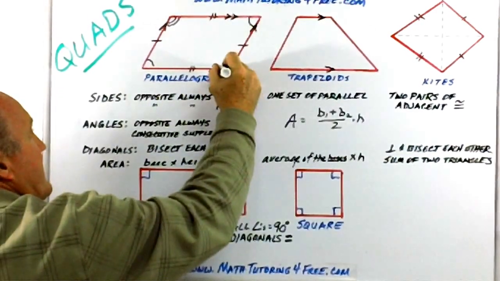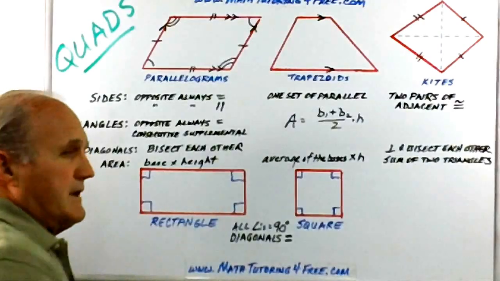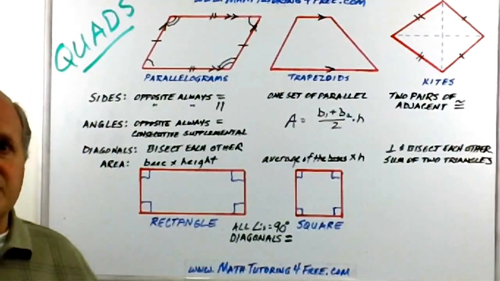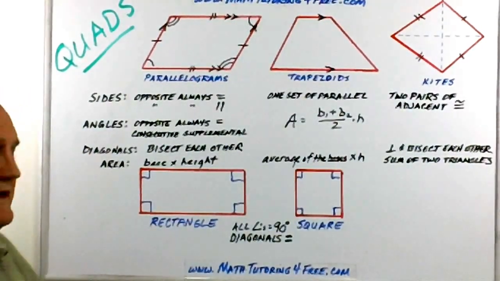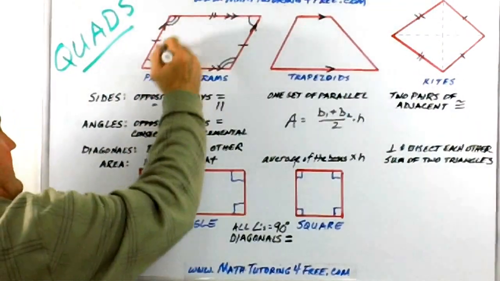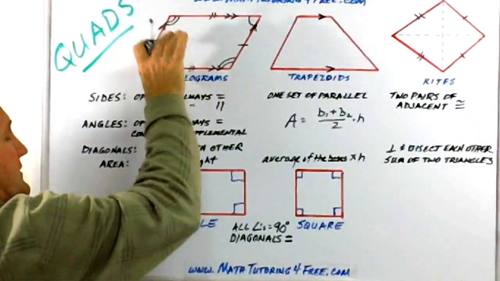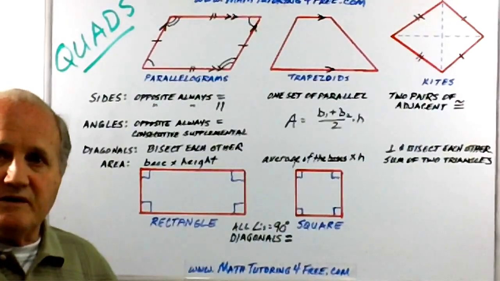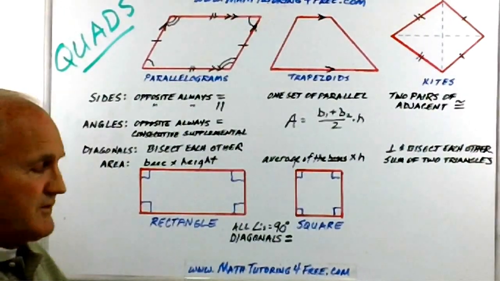Okay? And since the lines are parallel, can you tell me something else about those angles? In the case of consecutive angles, you think about this from our parallel lines intercepted by a transversal.